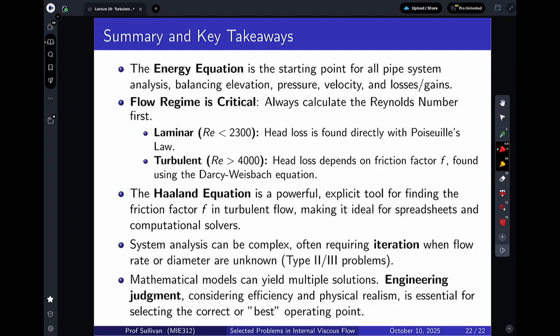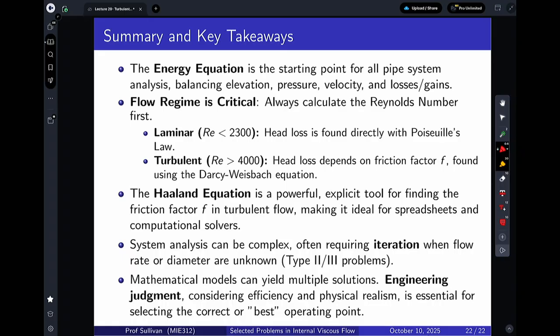Everything is dependent on the energy equation. We've done lots of examples on this. We've looked at different types of approaches. You have the 4 types of solutions that you have to look at. And for pipe flow in this course, laminar flow is a condition that occurs below 2300. Turbulent flow occurs above 4000.